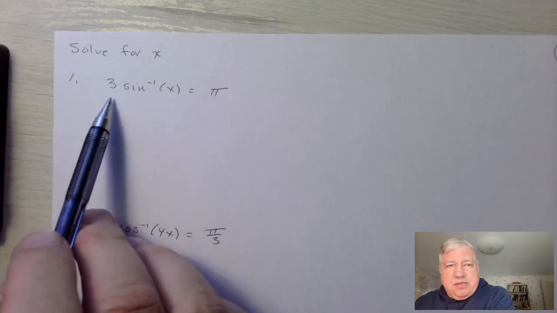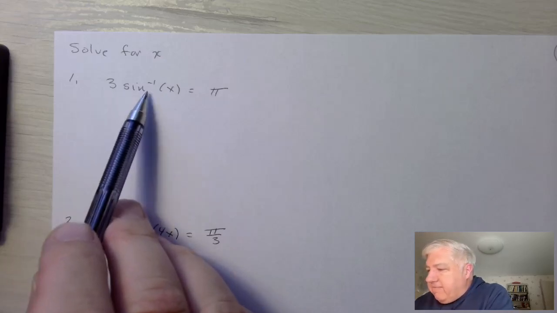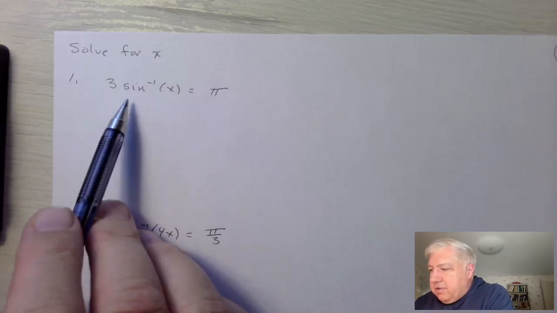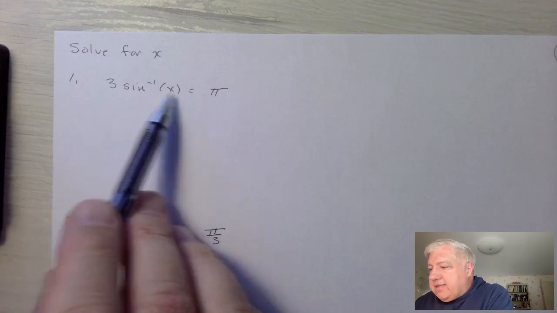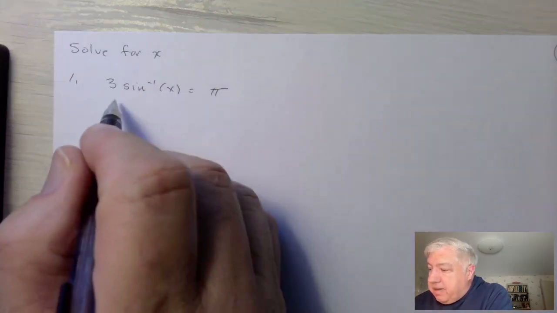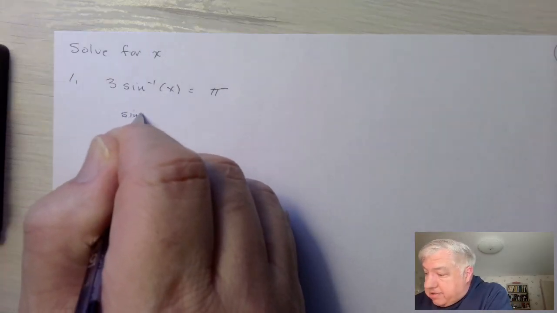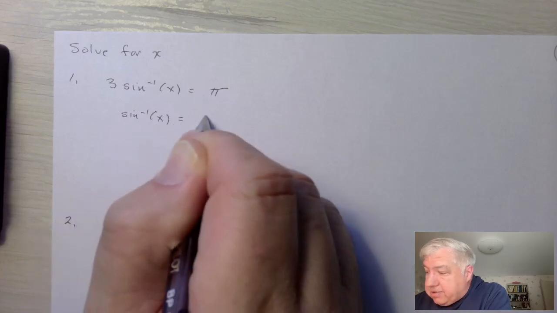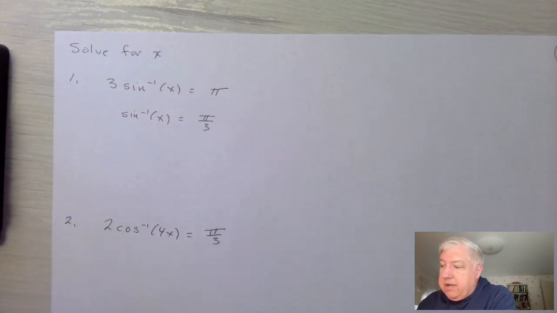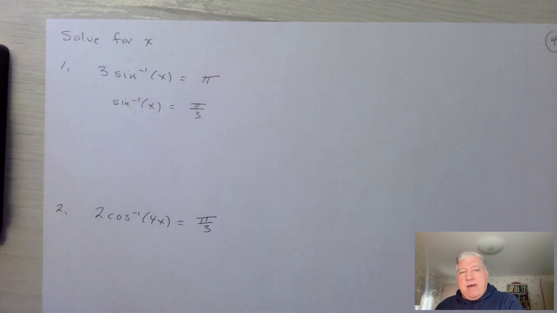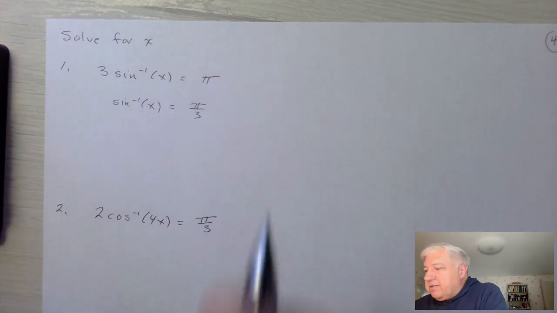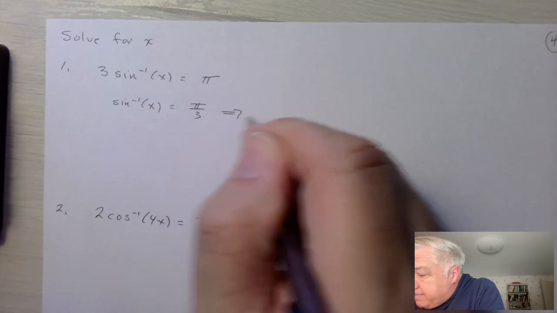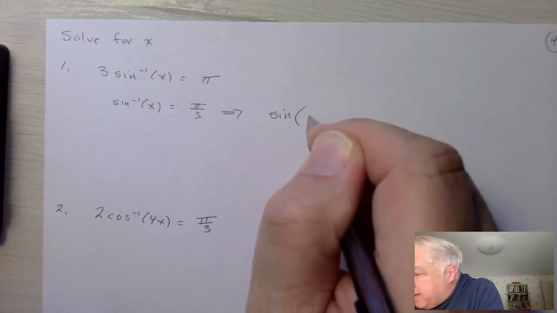So in this example, if we have 3 times the inverse sine of x, what can we do to isolate this inverse sine? We can just divide both sides by 3, and we'll get the inverse sine of x is equal to pi over 3. Okay. All right, well, what does that mean? That means that, in particular, the sine of x is going to be the sine of pi over 3, because we can take the sine of both sides.